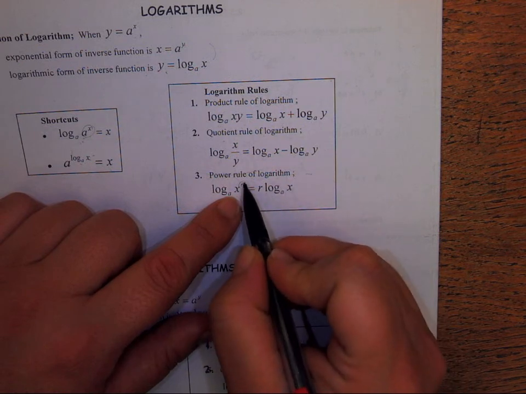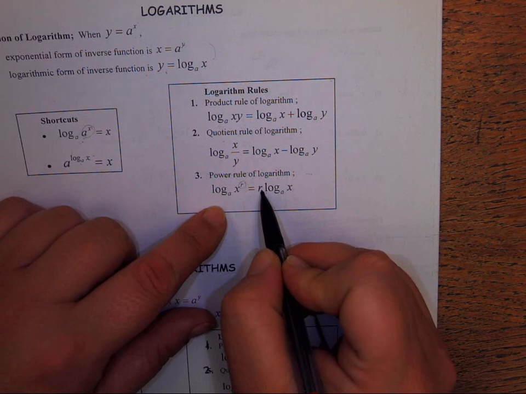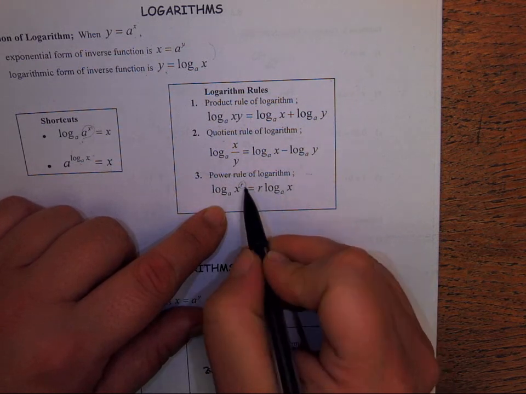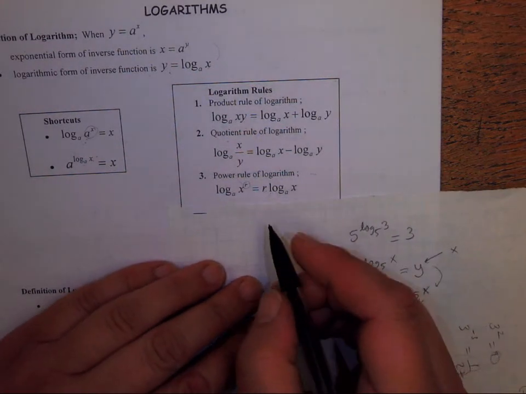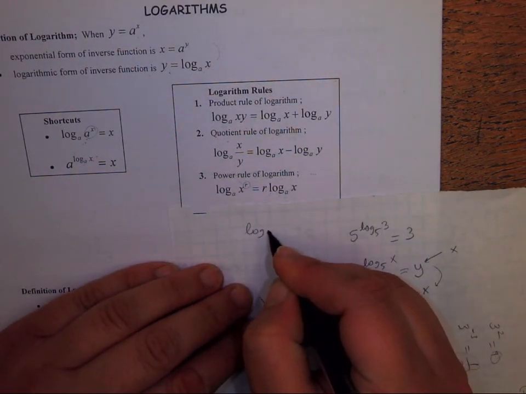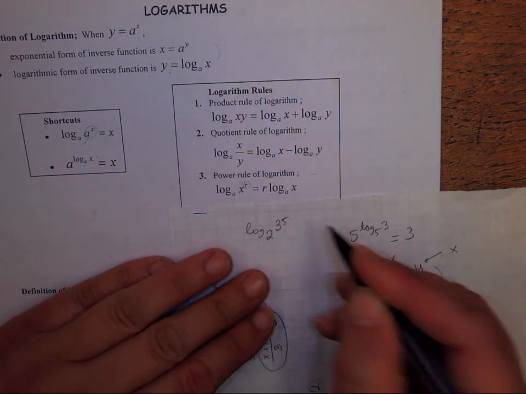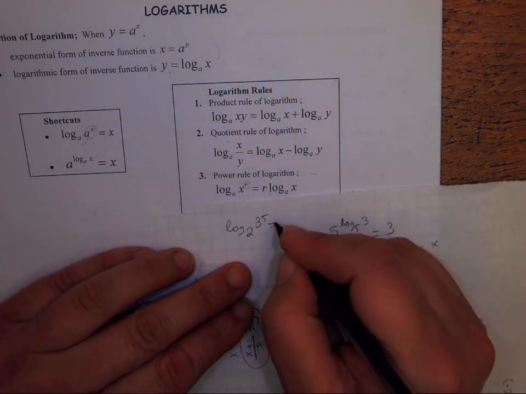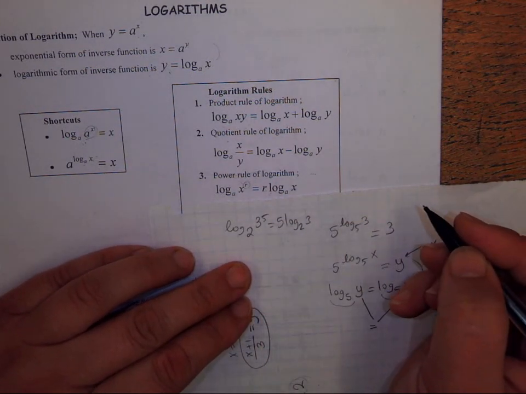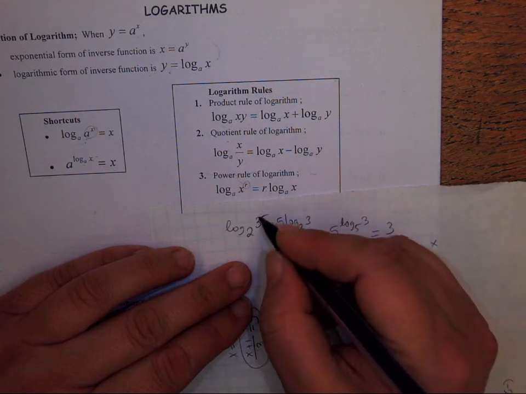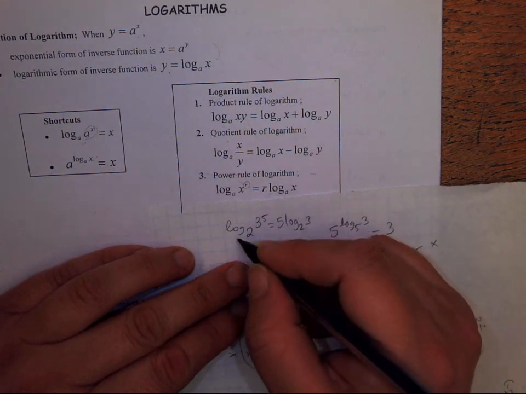So you take the exponent and drop it to the front as a coefficient. Let's say you have log base 2 of 3 to the power of 5. This gives you 5 times log base 2 of 3. You just take the exponent, drop it to the front.